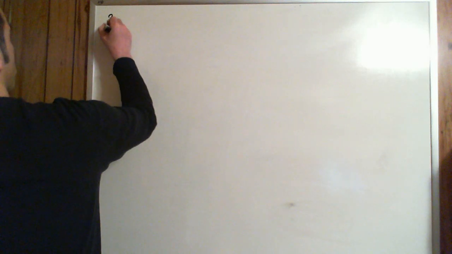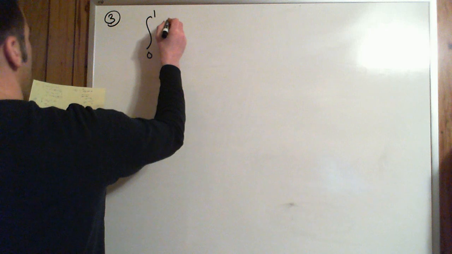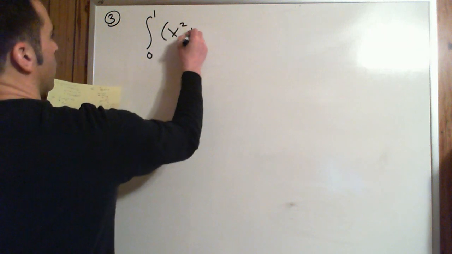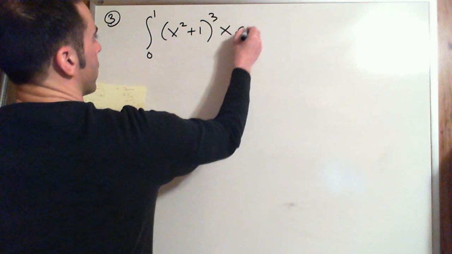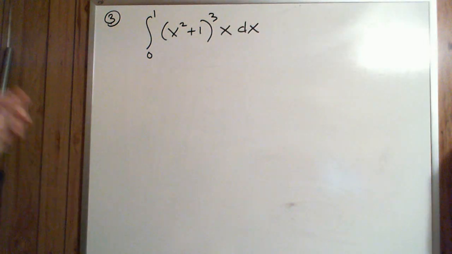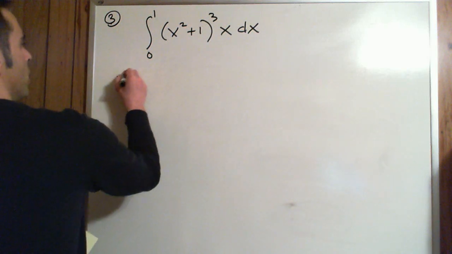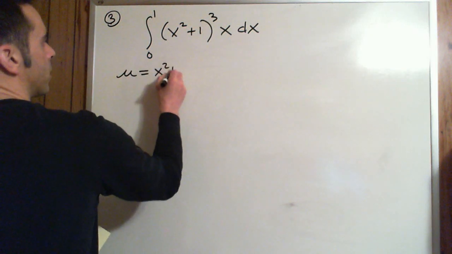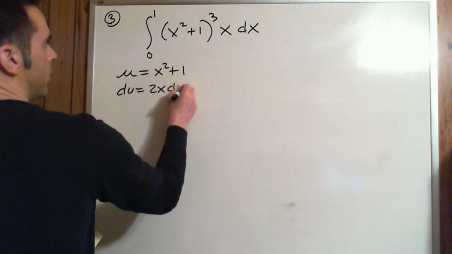Another example, number 3. The definite integral from 0 to 1 of (x squared plus 1) to the third power times x dx. Well, obviously when we see a power here, we're going to look to do u substitution. So we're going to do u equals the inside stuff, x squared plus 1, and du equals 2x dx.